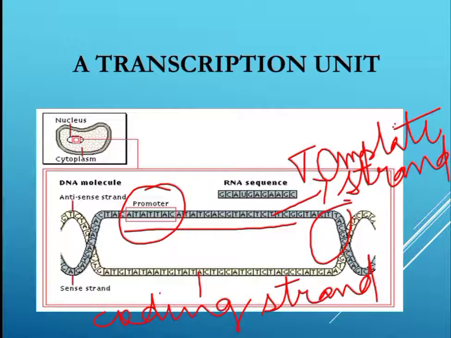The monocistronic structural genes in eukaryotes have interrupted coding sequences, and they are of two types: exons, coding sequences or expressed sequences that appear in mature or processed RNA, and introns, that are intervening sequences which do not appear in mature or processed RNA. They only interrupt exons.